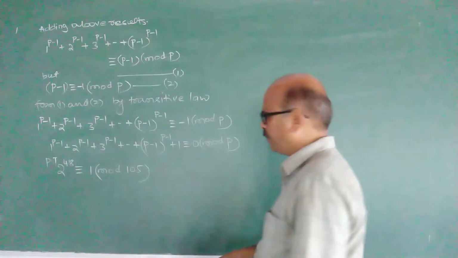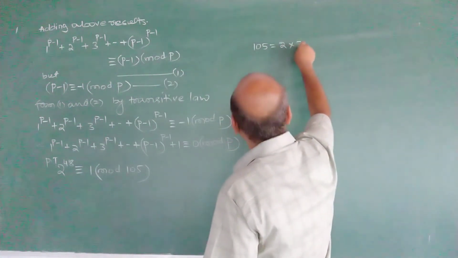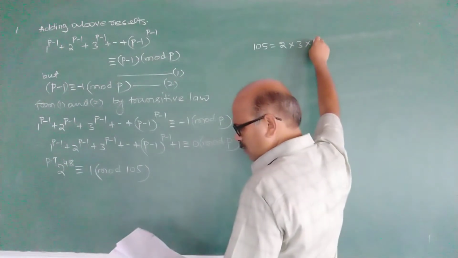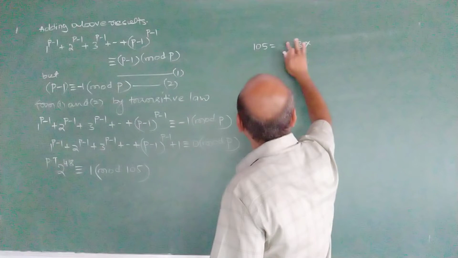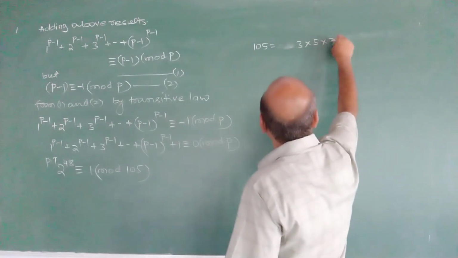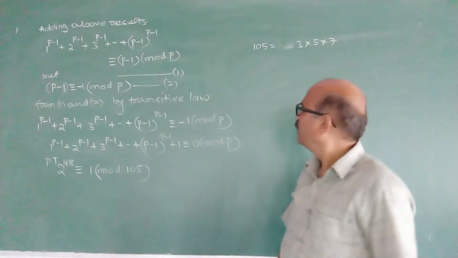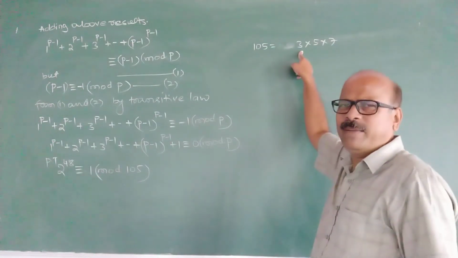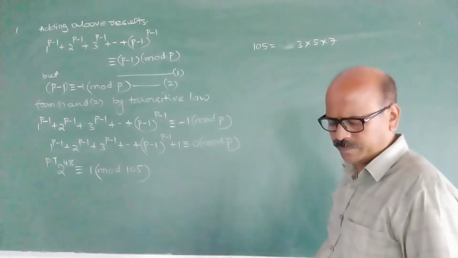How do you solve this? We write 105 as 3 into 5 into 7. We factorize like this. All of 3, 5, 7 are prime numbers and they are therefore relatively prime to each other.